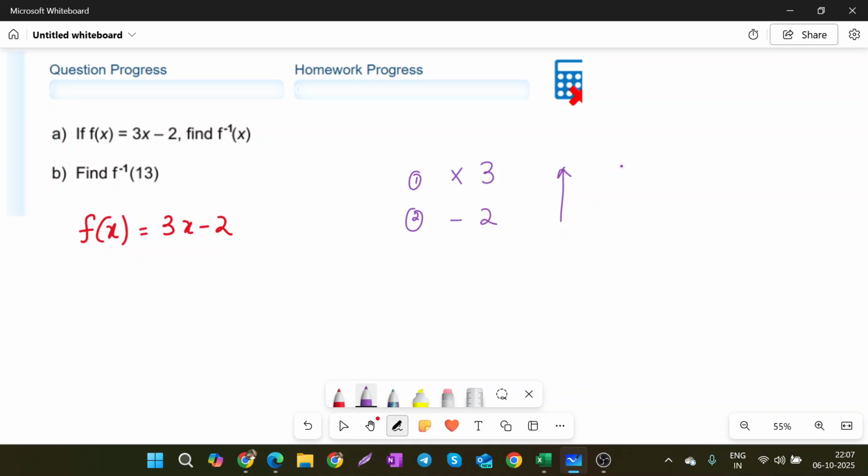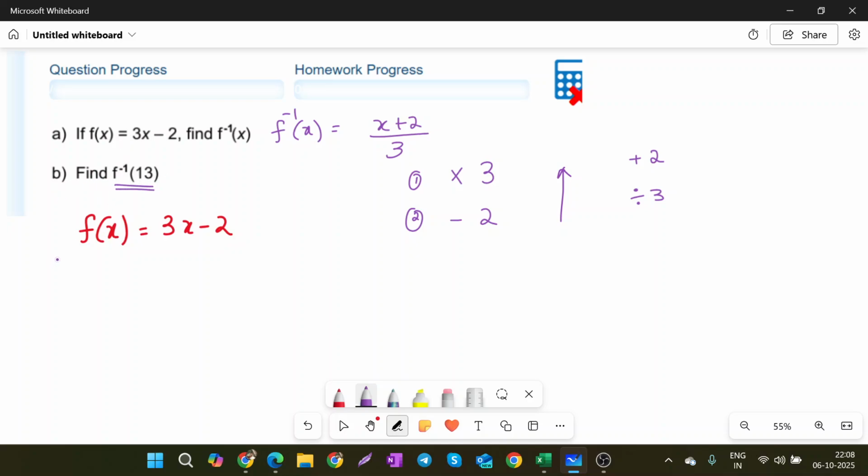To undo a takeaway 2, I would first add 2, and then to undo a times by 3, I have to divide by 3. So f inverse of x would be equal to x plus 2 over 3.